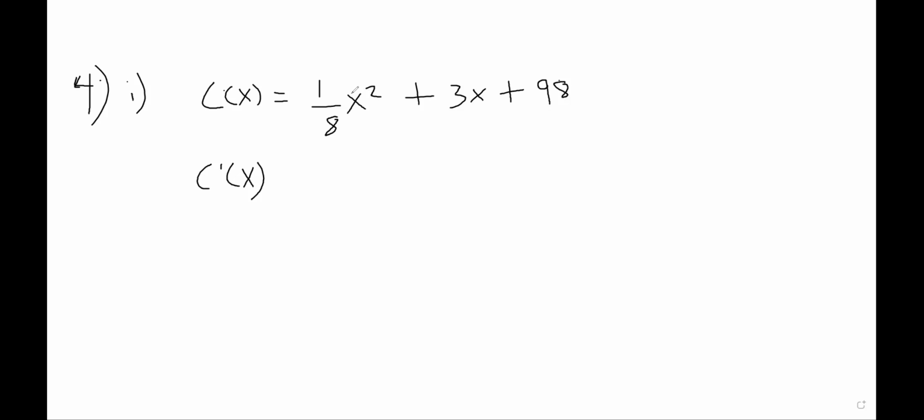So we carry down the 2, and we get back 2 multiplied by 1/8, which gives us 2/8. We simplify that, gives us 1/4, because 2 into 8 gives us 4, of course. And then for the x, 1 minus the power gives us back 1, we don't need to write that. Plus 3, the differential of 3x just gives us back 3, right?